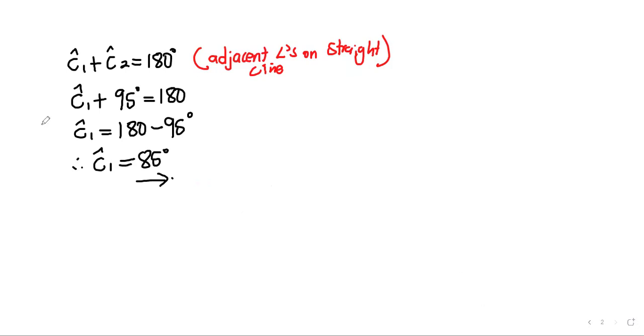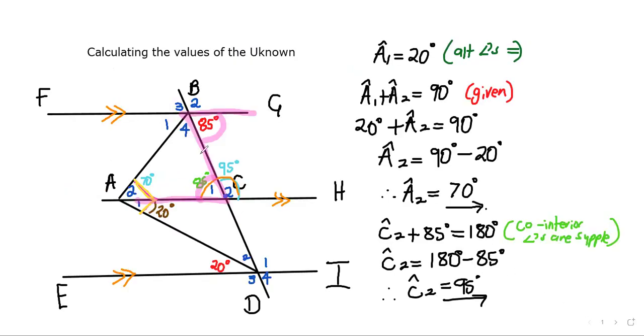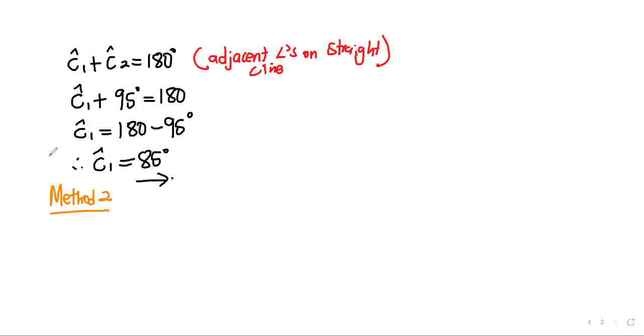So method number 2, you can decide to say, myself, I prefer to write it like this. So that is going to be method number 2. Someone will just say, basically, as I've explained, C1 is equals to 85 degrees, alternating angles equal. So you can say C1 equals to 85 degrees.